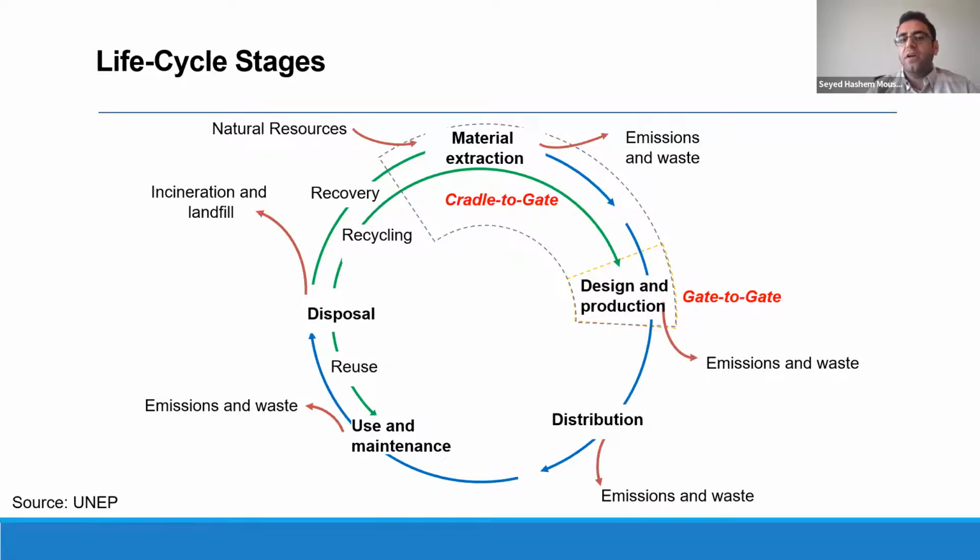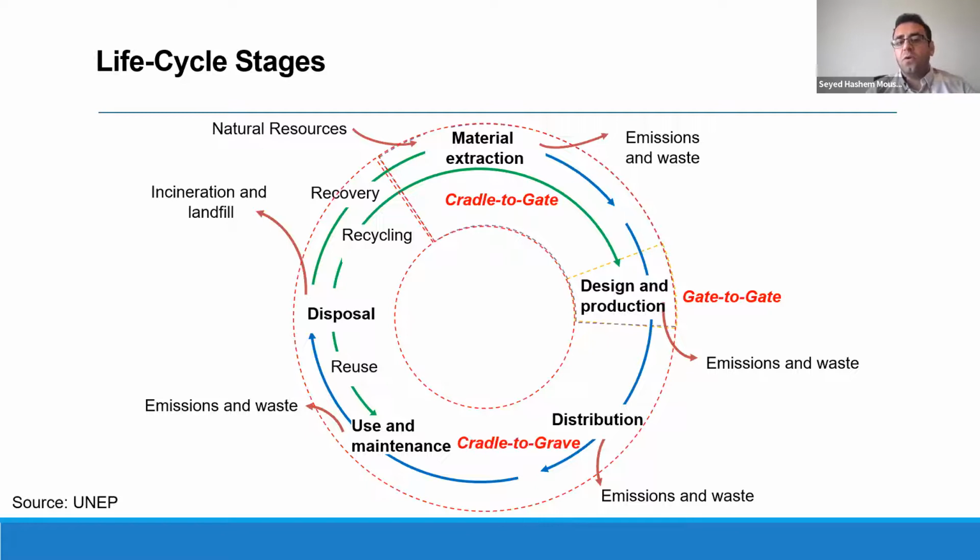In this case, we are covering the material extraction and the production, for example, production of biodiesel until the biorefinery gate. But sometimes we cover the whole life cycle, which we call cradle to grave. So these are the system boundaries that we can have for different products. Based on the purpose of the study, we should identify the system boundary.